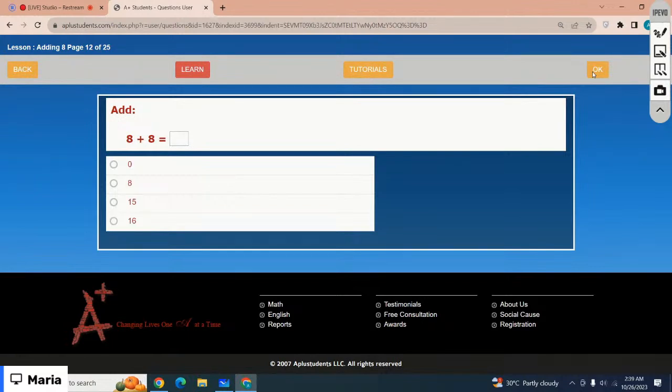Yes, that is 16. Very good. Okay, you can complete the lesson by yourself later today. So we were working on grade 1 math.